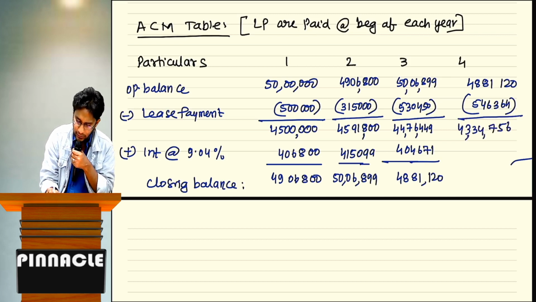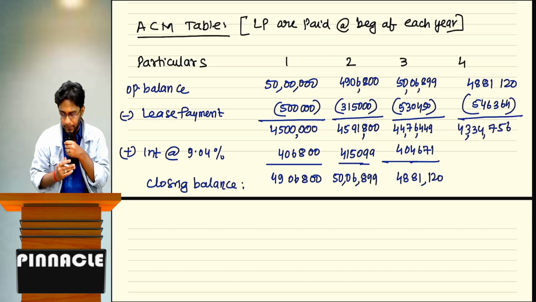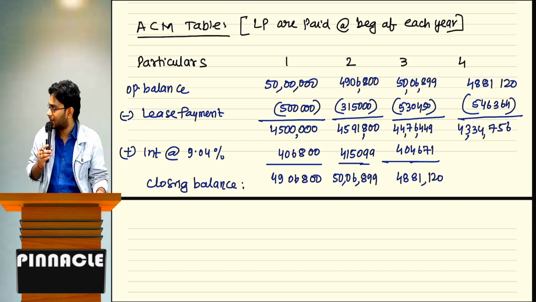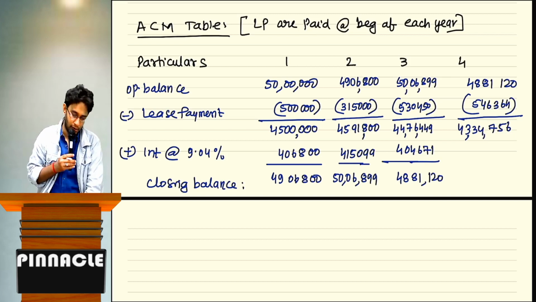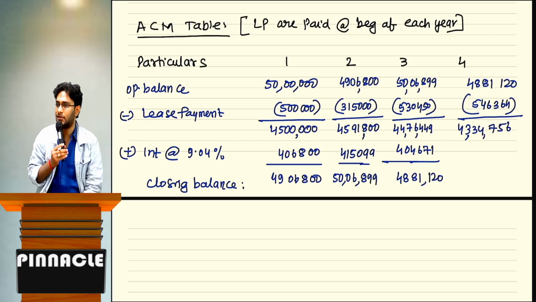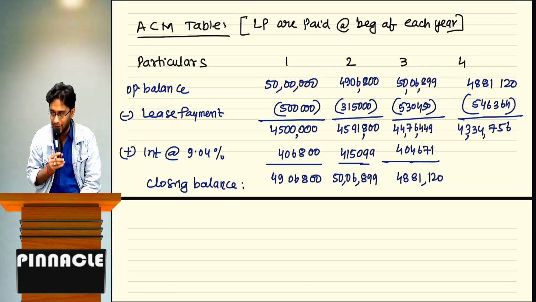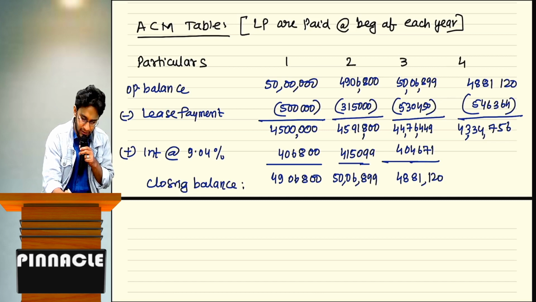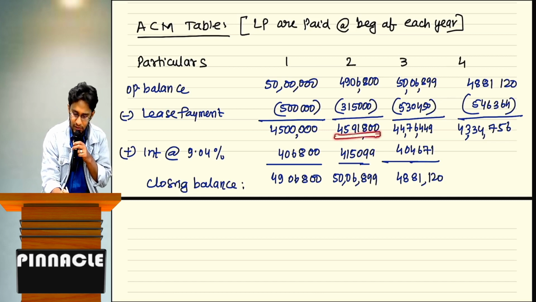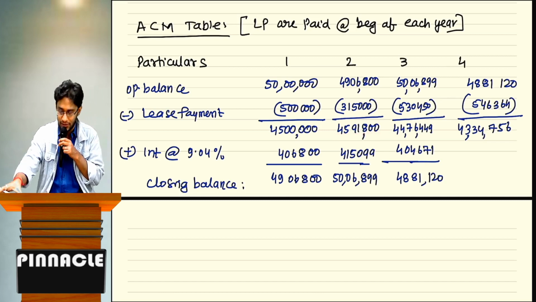The answer printed there, they presented the table in a way that our table will be correct for interest computation, but the closing balances will be wrong in the table if you see. Our balances and that fellow's balances will not match, and our answer only is correct. You can very clearly see, at first year ending, he is showing this closing balance. You can see the answer printed in the solution.